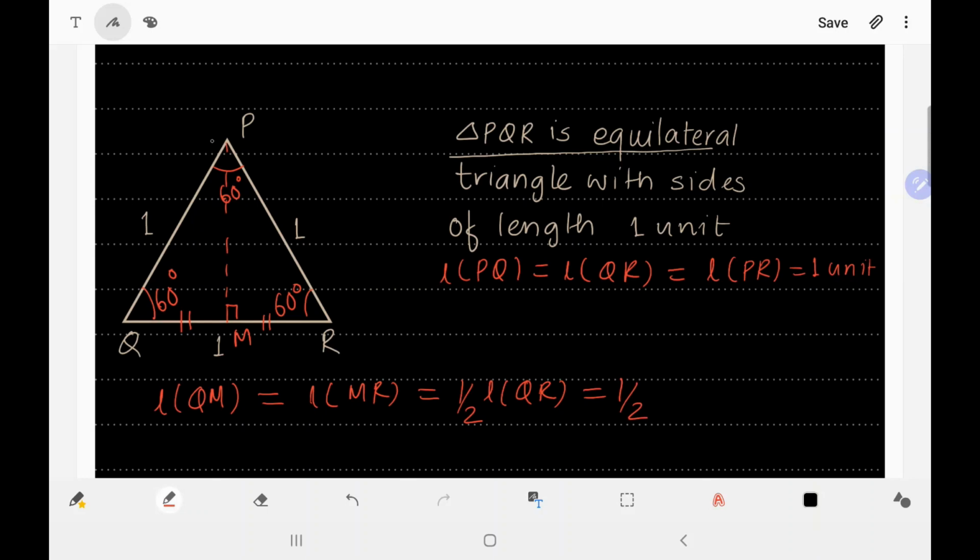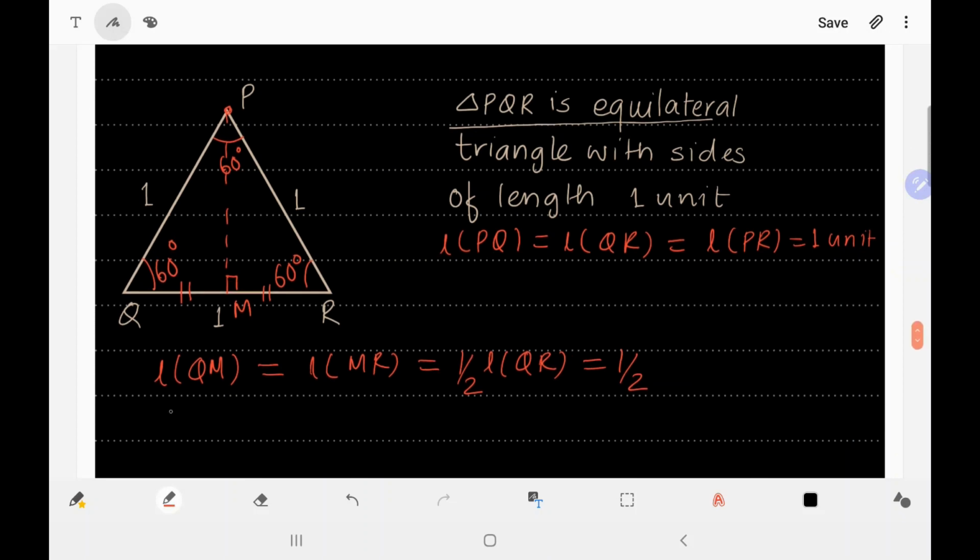A perpendicular drawn from a vertex to the opposite side also divides the angle in an equilateral triangle. That means angle QPM is half of angle QPR, which is half of 60 degrees. That gives us QPM as 30 degrees.